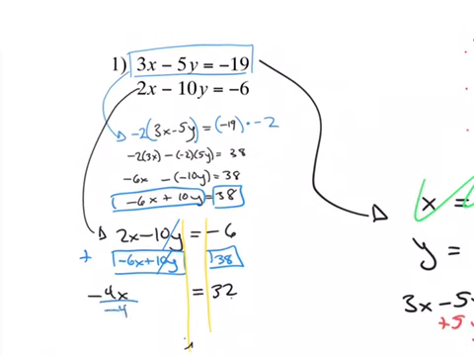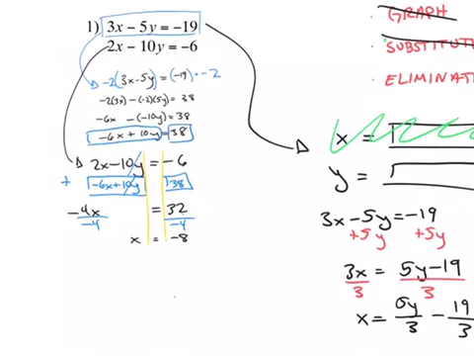Dividing both sides by negative 4, I get x is equal to negative 8. And so I chose elimination this time because I saw that very nice opportunity to simply double the top equation and then cancel out or eliminate one variable easily. And once I have x is equal to negative 8, it's easy enough for me to take either equation.